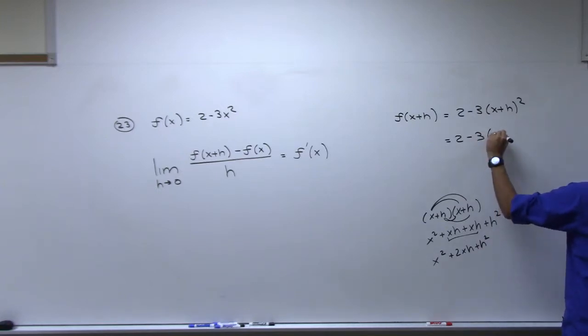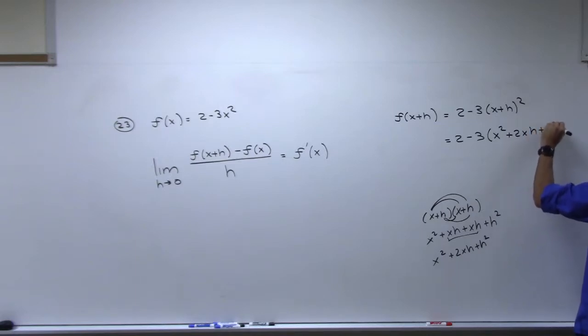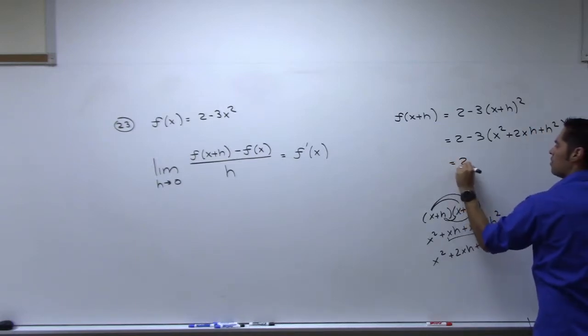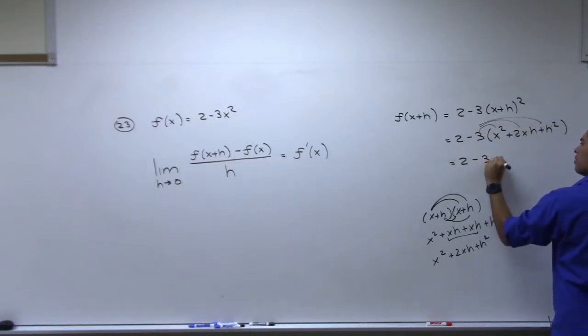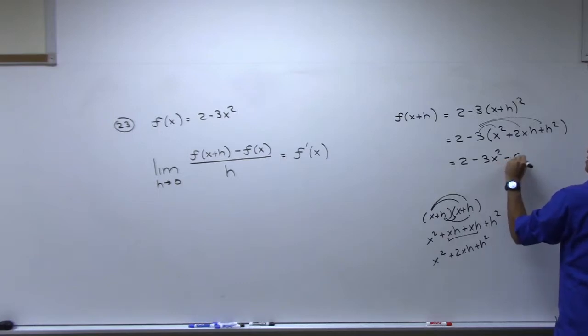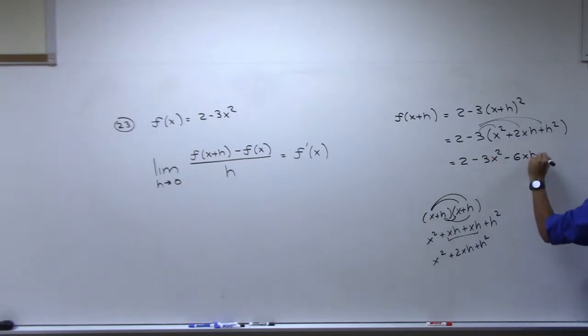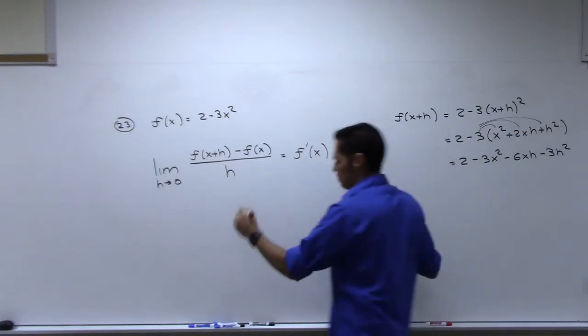So 3 times x squared plus 2xh plus h squared, and then distribute. So 2 minus, distribute your 3 through here, 3x squared minus 6xh minus 3h squared. Okay, anything to clean up there? No, that's it. That's ugly, but that is the top left corner. That is this piece right here.